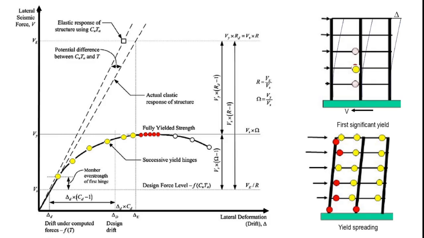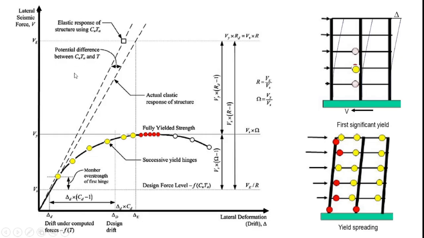VE represents the maximum lateral force generated in a structure if it is elastic when subjected to design ground motion. Obviously, we know that the design ground motion is nothing but 2/3 of the MCER. That means if the structure is allowed to remain elastic under a seismic excitation equal to 2/3 of MCER, it develops a maximum lateral force VE.